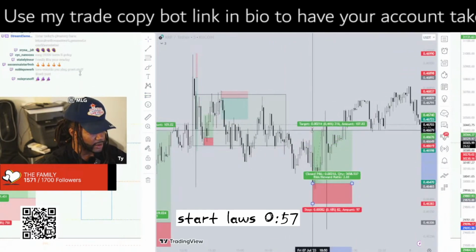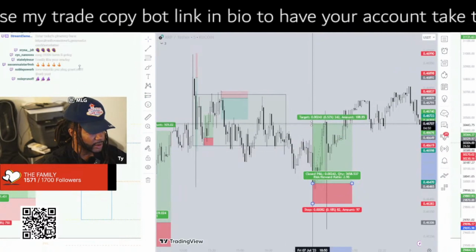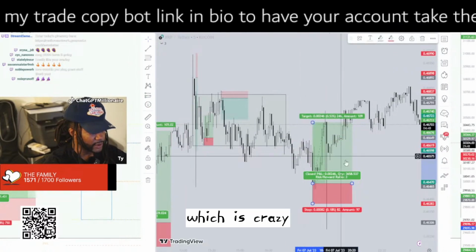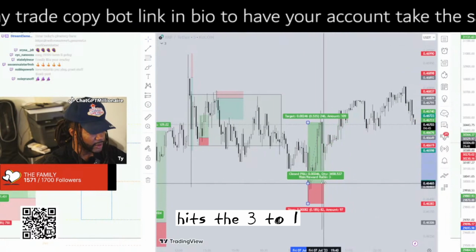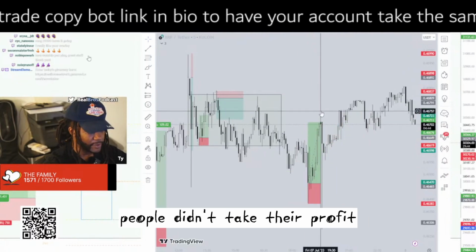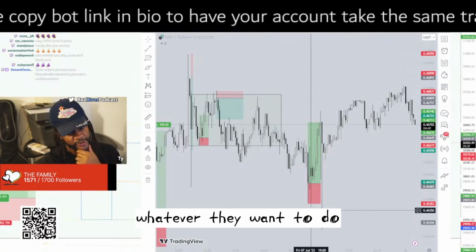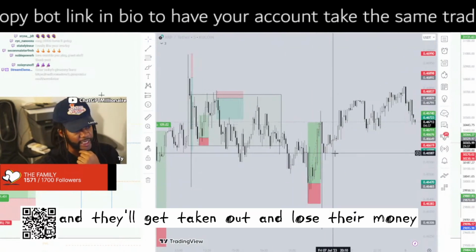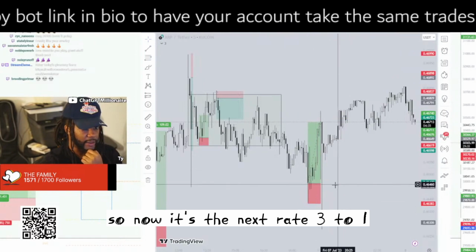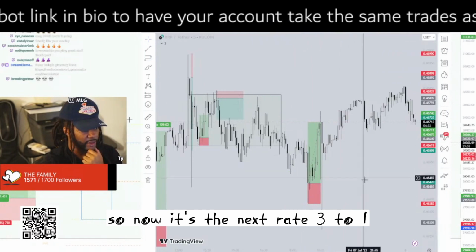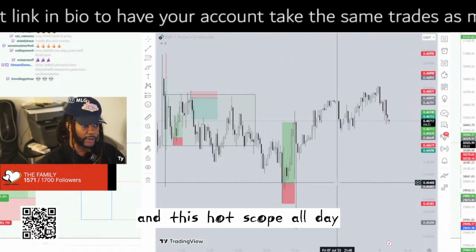Stop loss, 3 to 1. It almost hits perfectly too, which is crazy. It hits the 3 to 1, and I would have taken my profit. People who didn't take their profit, it comes all the way down, takes them out. Some people get greedy, whatever they want to do, and they'll get taken out and they'll lose their money. So now it hits the next trade 3 to 1, and that's how I scalp all day, no matter where I'm at.